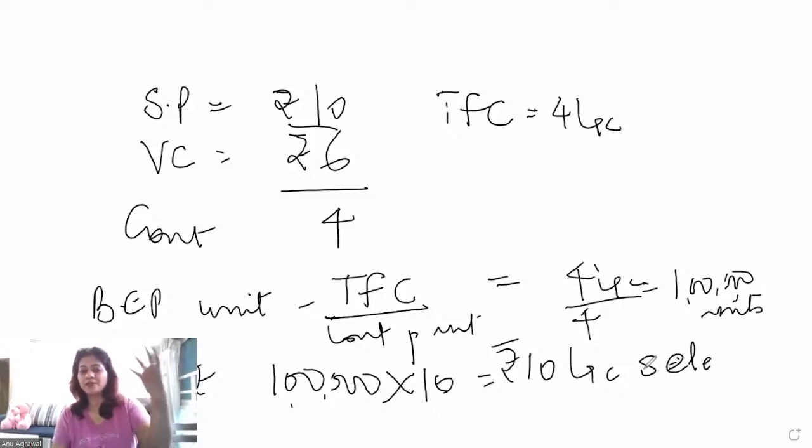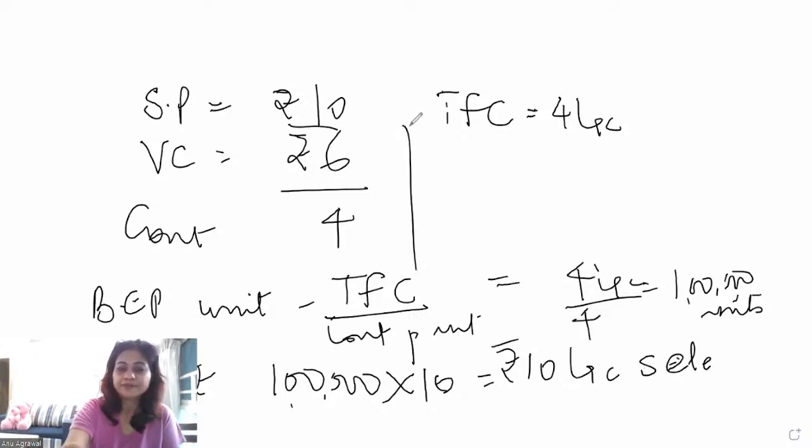Because at 10 lakh rupees of sales, 6 lakh rupees will be my variable cost. So I'll be left with a contribution of 4 lakh. And that 4 lakh will take care of my fixed cost. That means I will be having no profit, no loss. So this is in rupees, and in units, it is 1 lakh units.